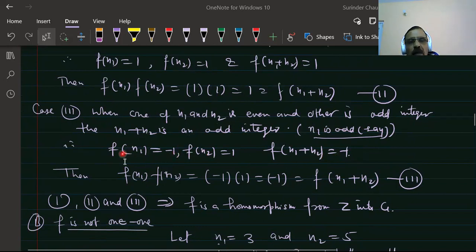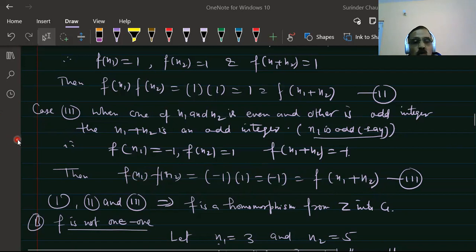In order to show f is a homomorphism, f of n1 into f of n2 is equal to minus 1 into 1, which is equal to minus 1, equal to f of n1 plus n2. So in every case, f of n1 into f of n2 comes out to be f of n1 plus n2, which implies f is a homomorphism from Z to G.